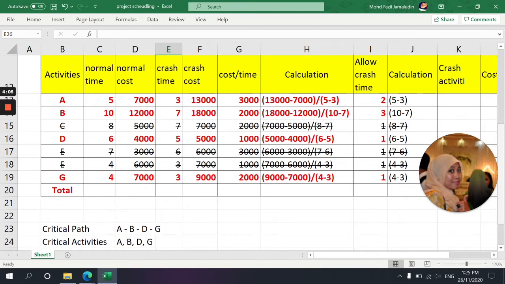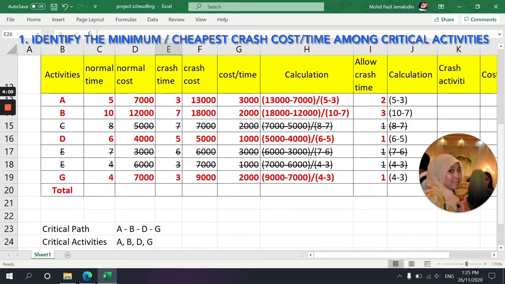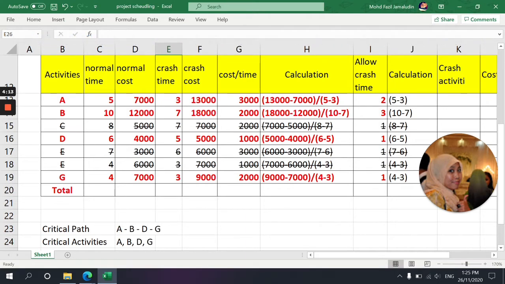The first step that you need to know is to choose the least cost among the critical activities. Here, the minimum cost between these 4 activities is activity D, with the cost per time equal to 1,000.